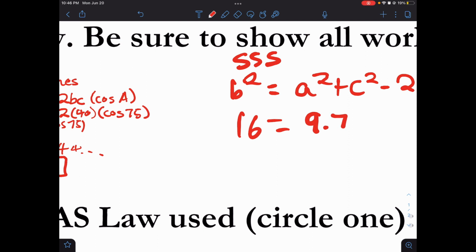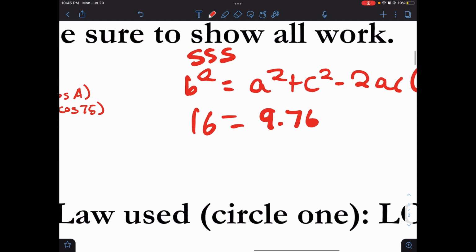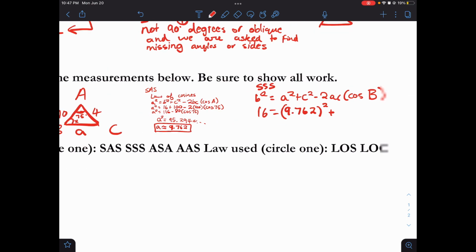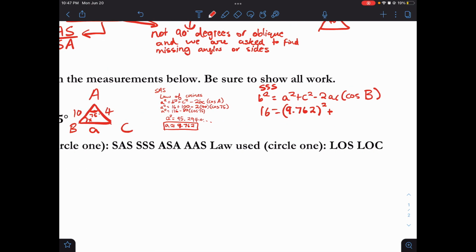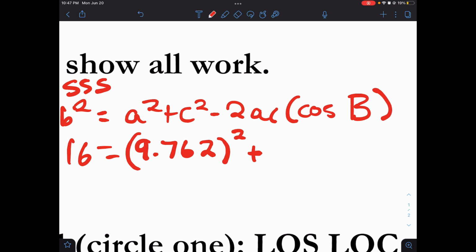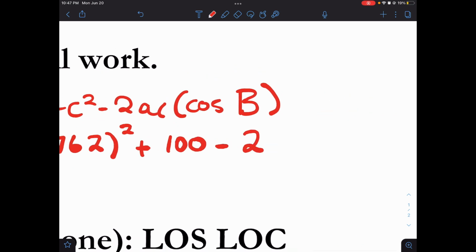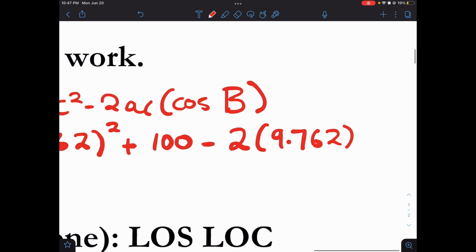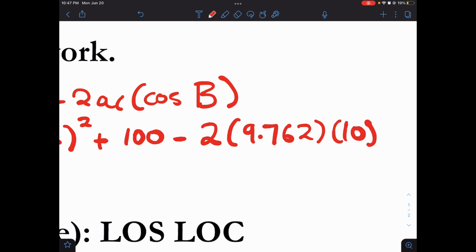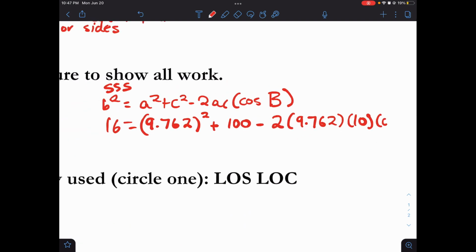So 9.762 squared plus C squared, or C squared is basically 100, minus 2AC, minus 2 times 9.762 times 10 times the cosine of B.